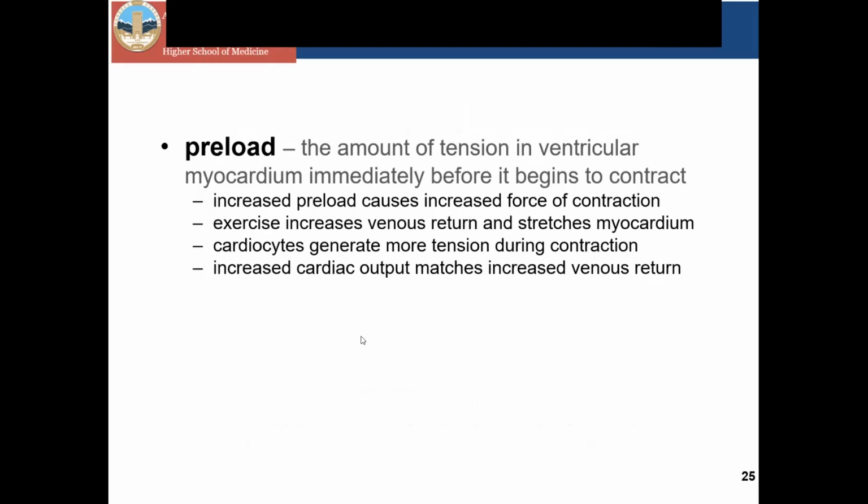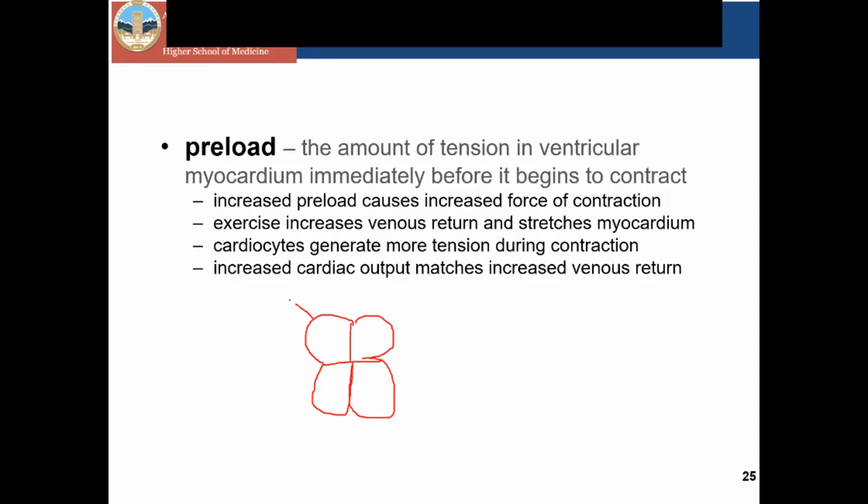It means we have elasticity. Here we have the heart. It's my heart, okay. Here we have the vena cava, superior and inferior. Here we have the aorta.